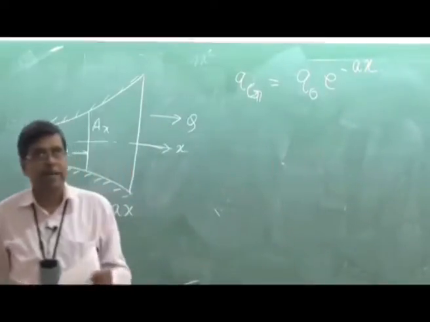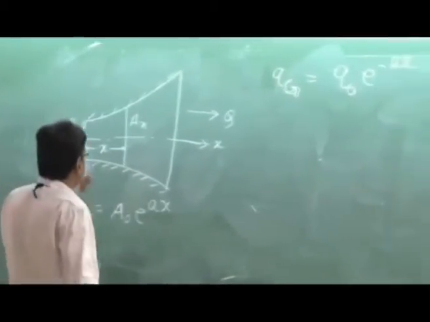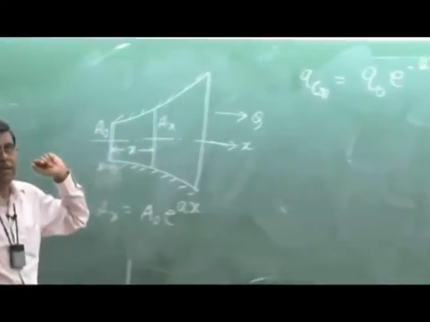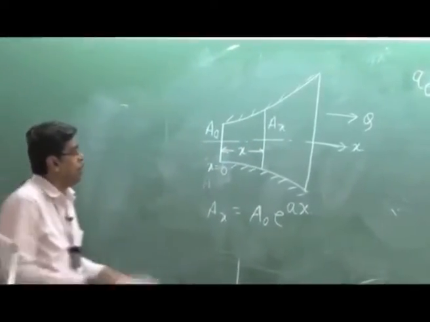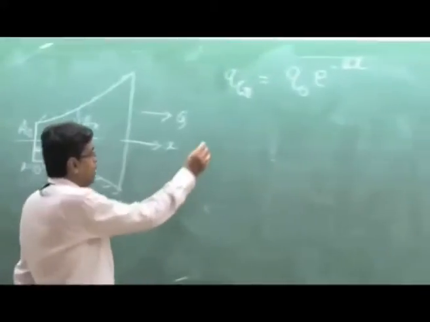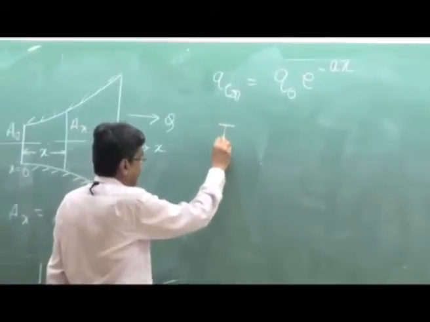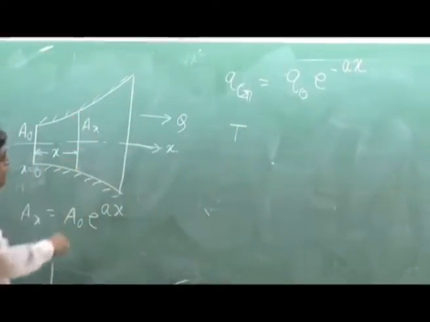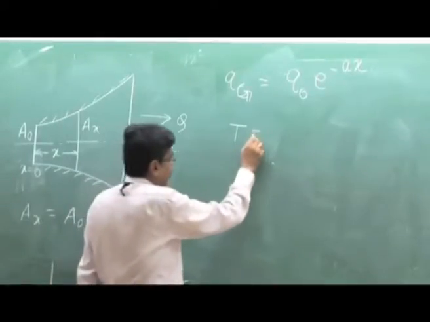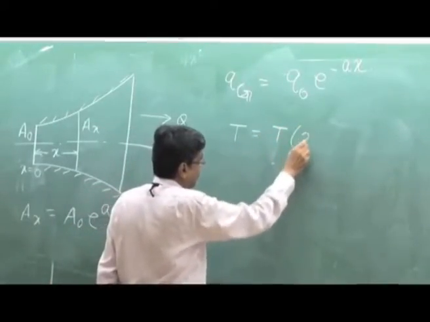There is a volumetric heat generation rate which is a function of x only. It is a one-dimensional problem. So as I told, cross-sectionally average temperature or a temperature uniform over the cross-section, whatever you take, T is a function of x.